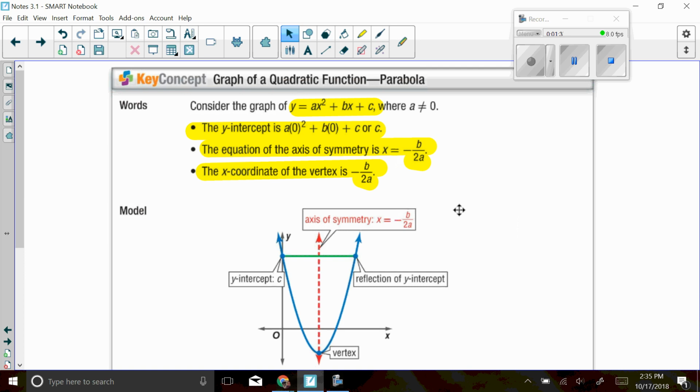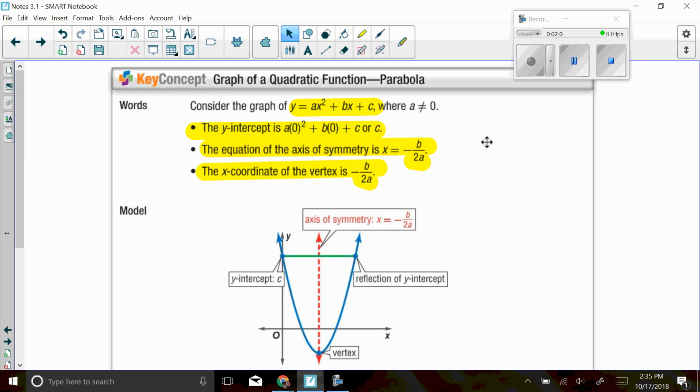Okay, next thing. If you need this, please pause it and write it down. I am going to continue. So we have the standard equation of a parabola. We will be converting later in the chapter, but for right now, it's y equals ax squared plus bx plus c. And your y-intercept will be just your c value. That's where your x is equal to 0.